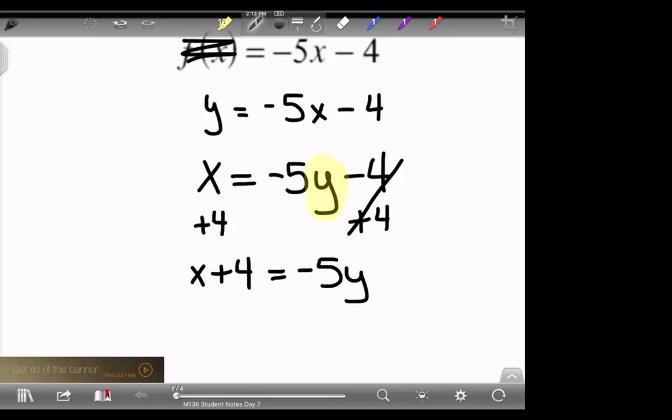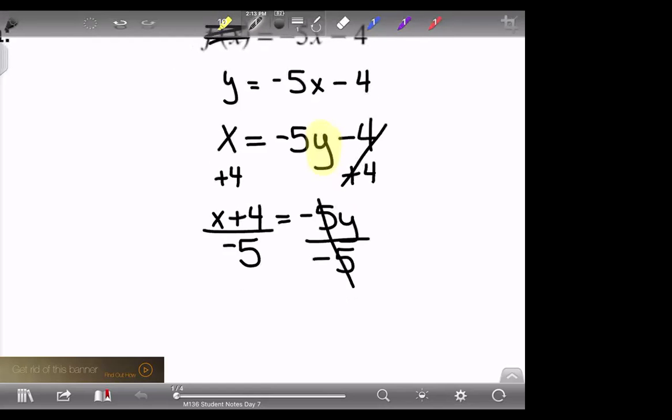For our next step, we need to get rid of the -5 that's in front of y. We're going to divide both sides by -5. And then remember back from algebra, you never want to leave a negative in the denominator of a fraction. So in this case, we would want to change all the signs in this entire fraction.